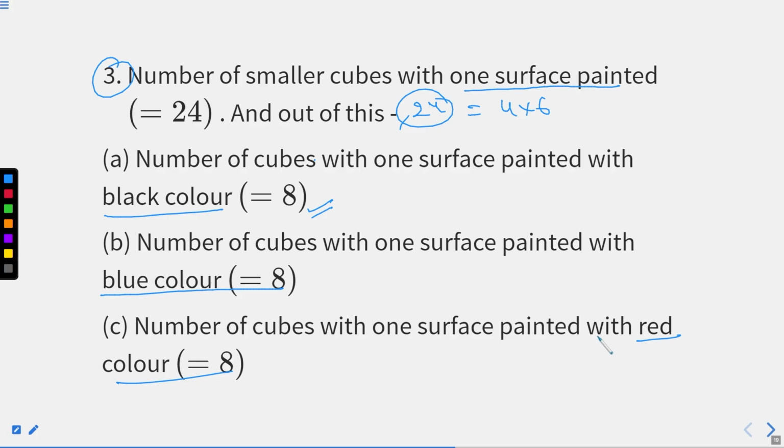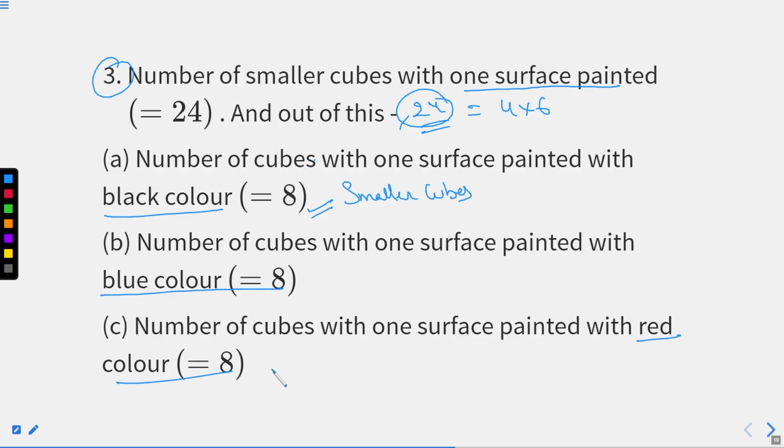So 2 surfaces are painted with the same color, total of 8 cubes. Make sure how many smaller cubes we are talking about here: this is 24 total in number, 8 with black, 8 with blue, and 8 with red. I hope you are clear with this part as well, right?